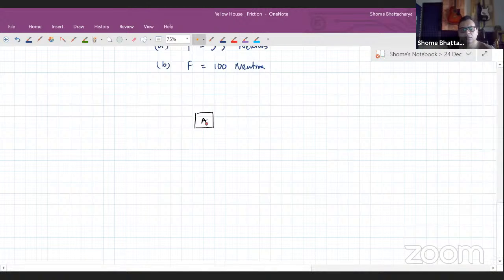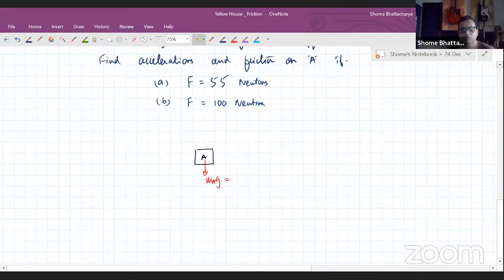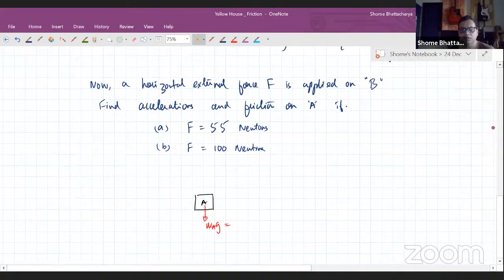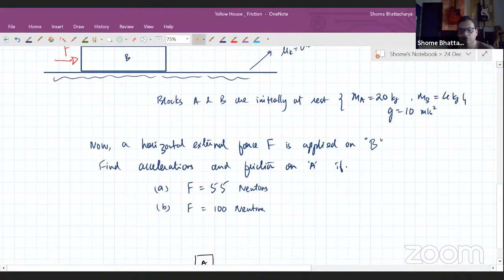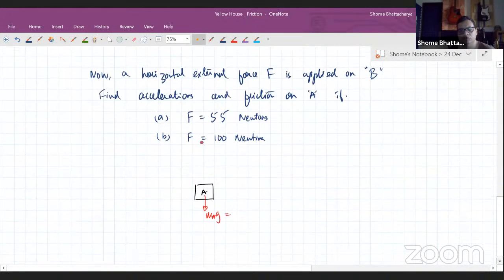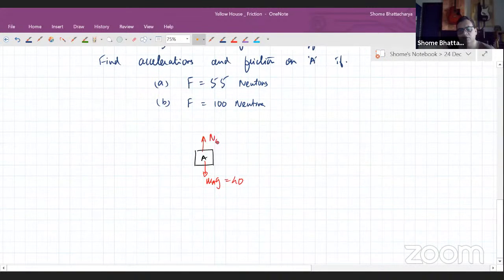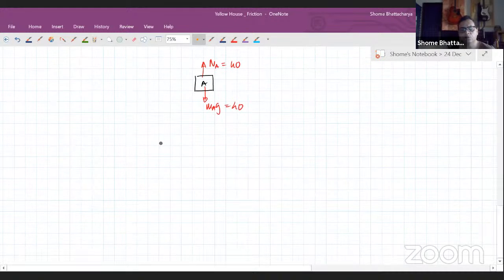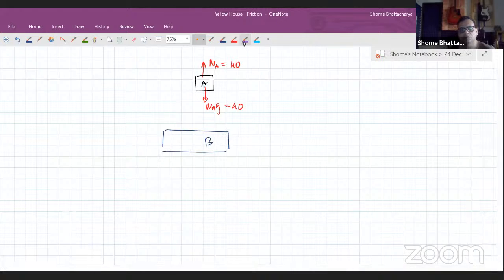Anyway, let's understand. When you look at the block A, the weight of the block is equal to how much? It's 4 kgs mass, so it's 40 newtons. So there's a normal reaction acting on it, which is also equal to 40 newtons. Now when you look at the block B, you can see that A is applying a downward normal reaction of 40 newtons on it.